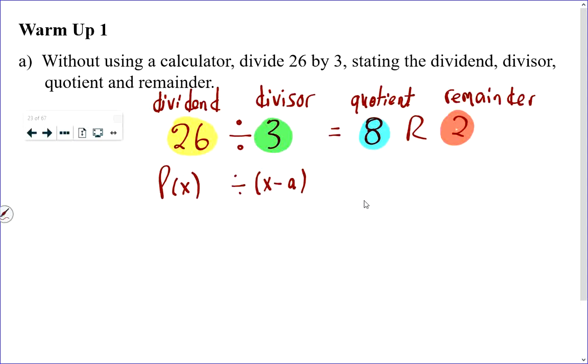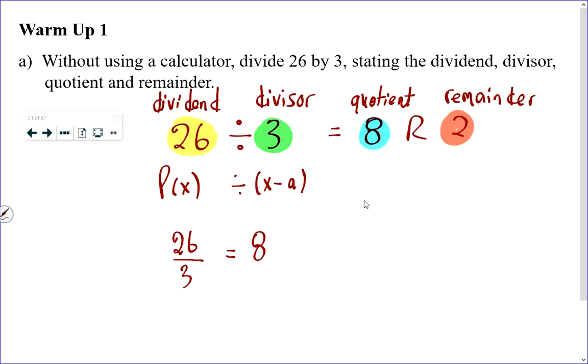But what students will say is 26 divided by 3 is equal to 8, with a remainder of 2, and that sounds as if you want to add 2 onto this. But I hope you would agree if I wrote plus 2, 26 divided by 3 is not 8 plus 2.